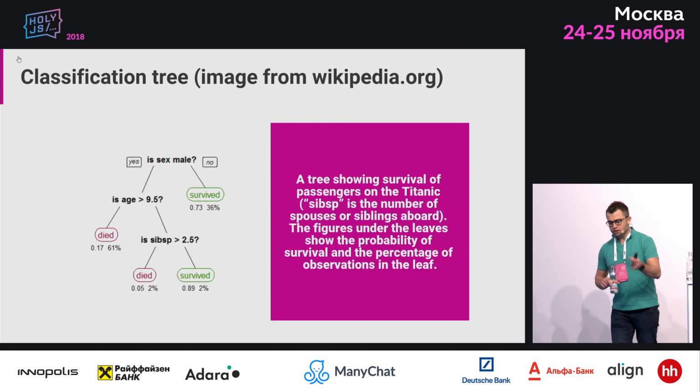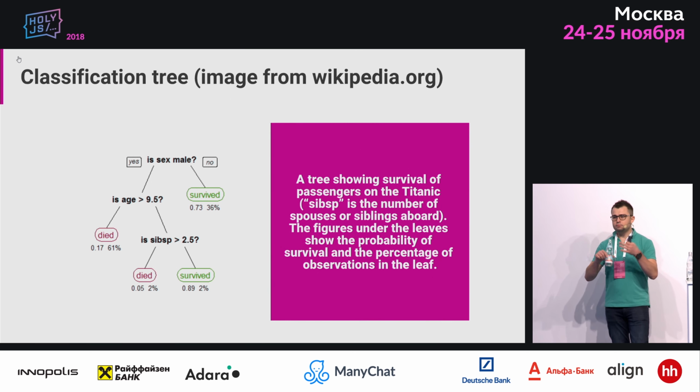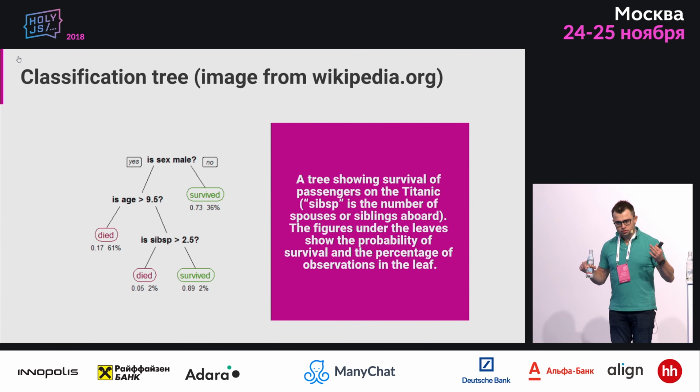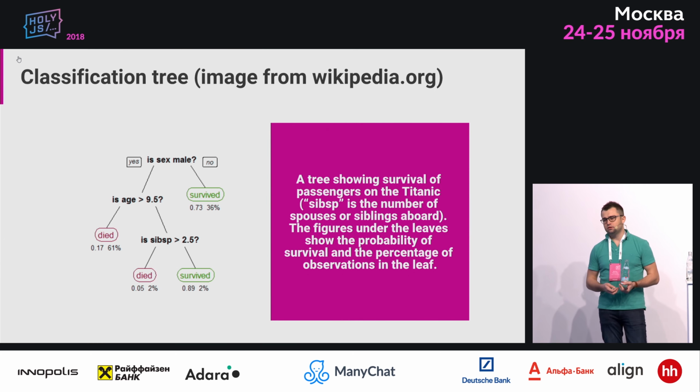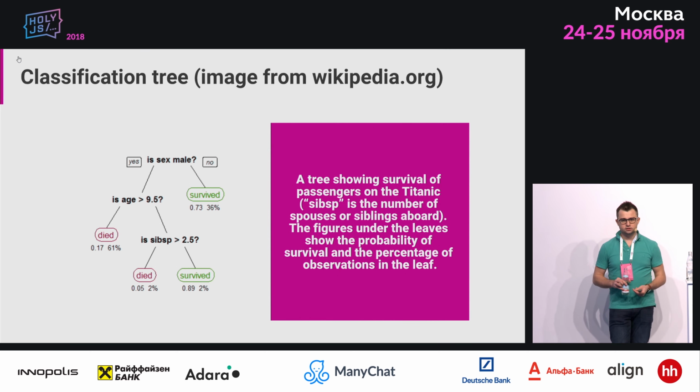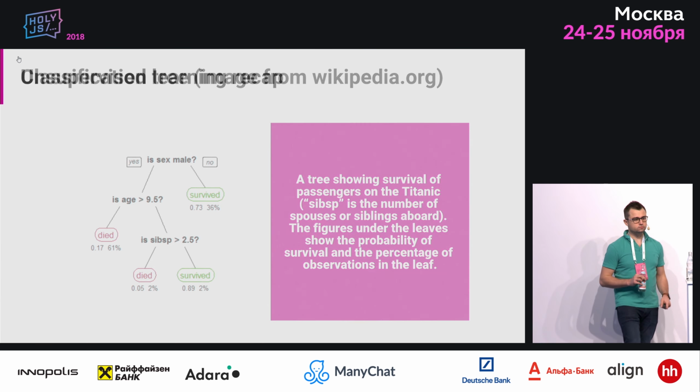So if you have more than 2.5, there are chances that you probably survived. So again, based on the data that actually were true and realistic from this actual phenomenon or actual historical facts, they built a model of chances based on classification tree. Yet another way of building classification model.